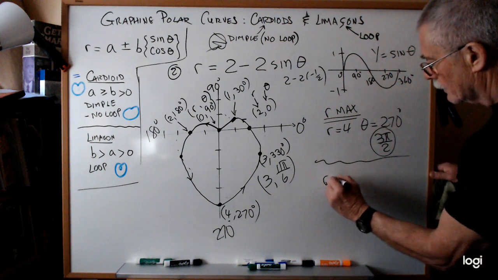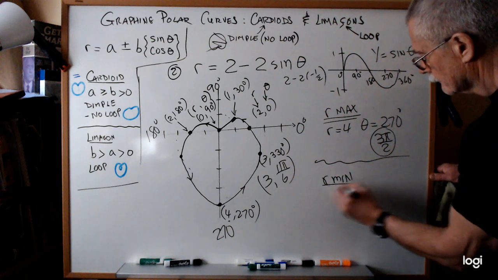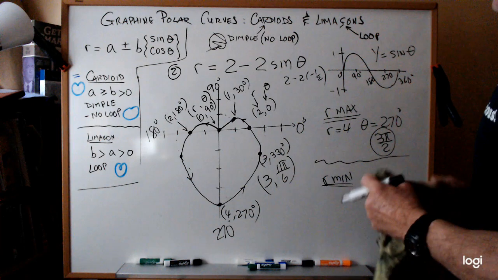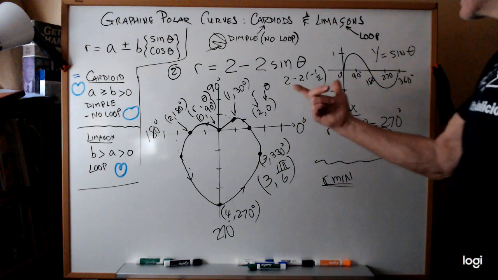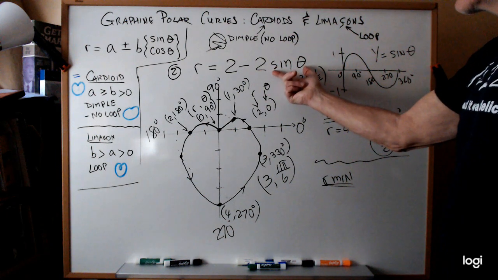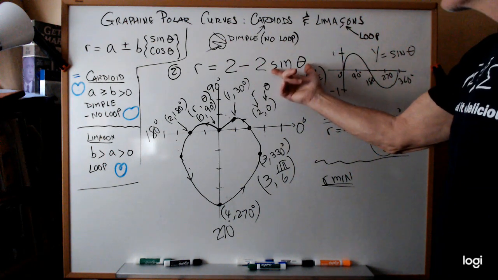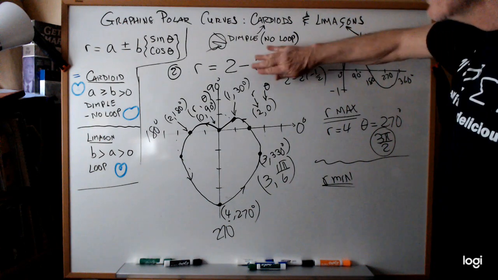Okay, R is the least. We call in mathematics a minimum. Well, let's see. It's going to be a minimum value when this is a 0. Well, no, that's not true. It's going to be a minimum value when the whole thing is 0 in this case, but when sine theta is a 1, then we're taking away the greatest amount, right?